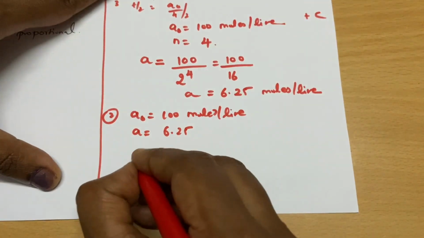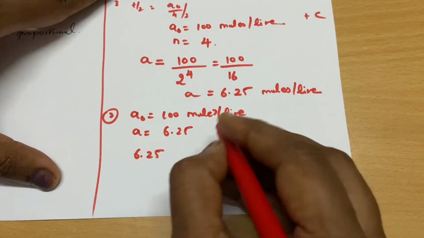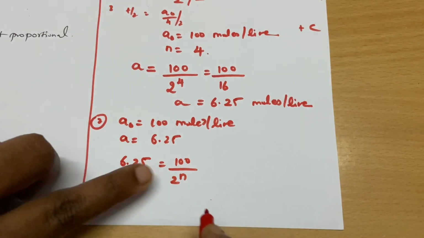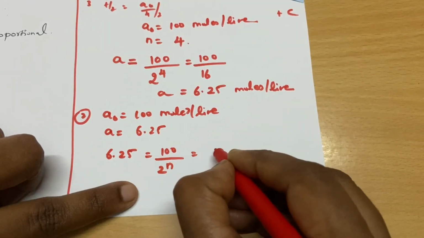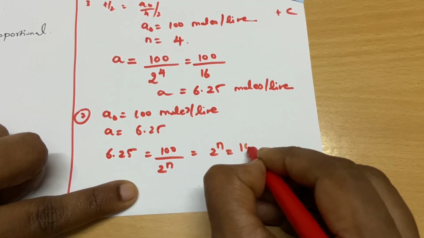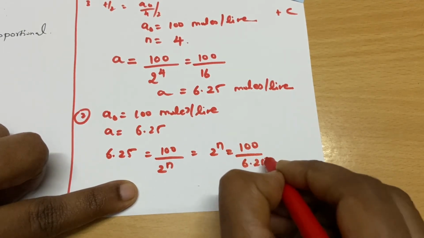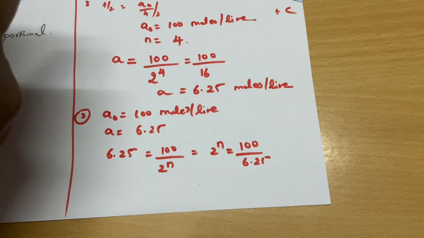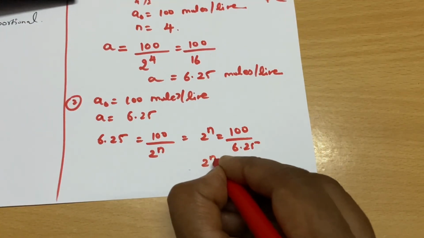Applying this formula, A is equal to A naught, so 100 divided by 2 to the power of n, we don't know n. So 2 to the power of n is equal to 100 divided by 6.25. So your answer is 16.